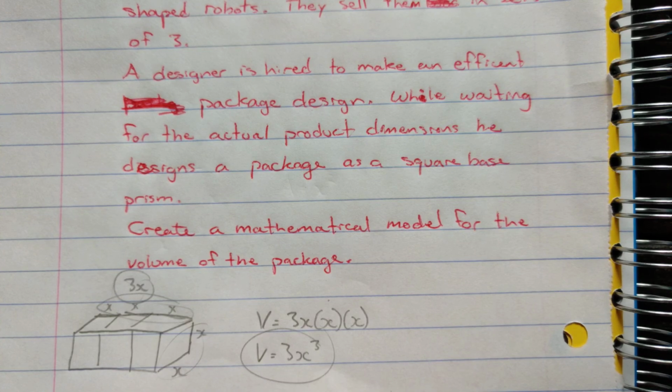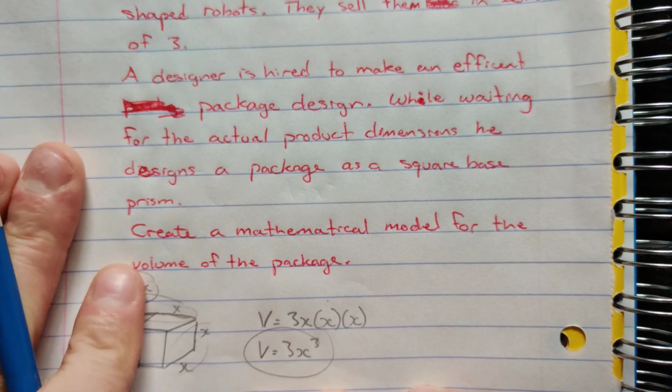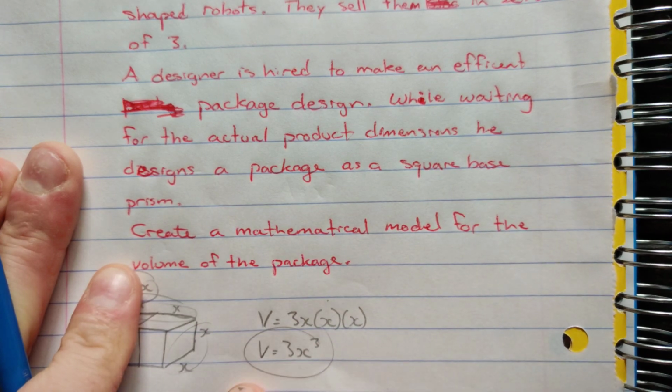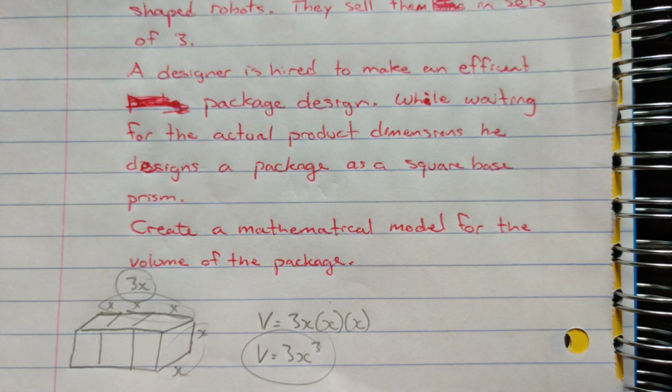So 3x squared would be 3 squares of unknown dimensions. In the case of our volume here, we got 3x cubed. And if you look at it, here's 1 cube, x by x by x, x cubed. 1, 2, 3 of them. There's 3 x cubes. And that's what we're picturing there.